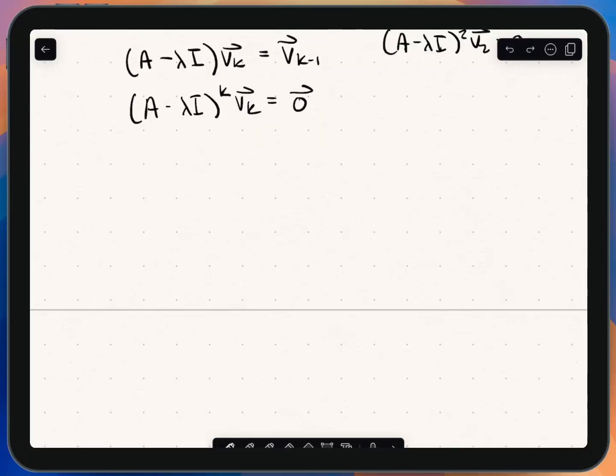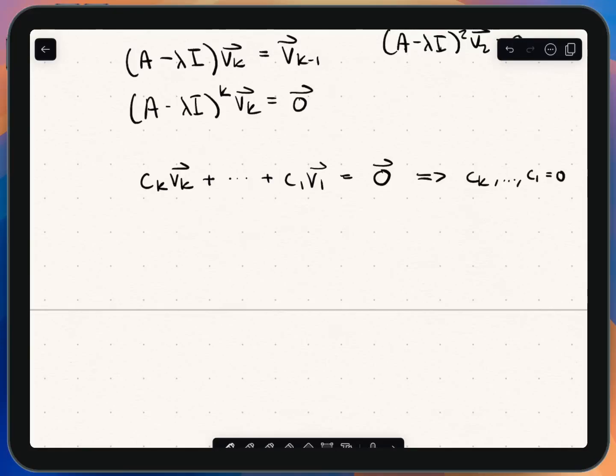What we need to show is that if I multiply all of these vectors by some constant, from VK all the way to V1, and I set all of this to 0, I must show that this implies that CK through C1 is equal to 0. That's how we show that these vectors are indeed linearly independent.